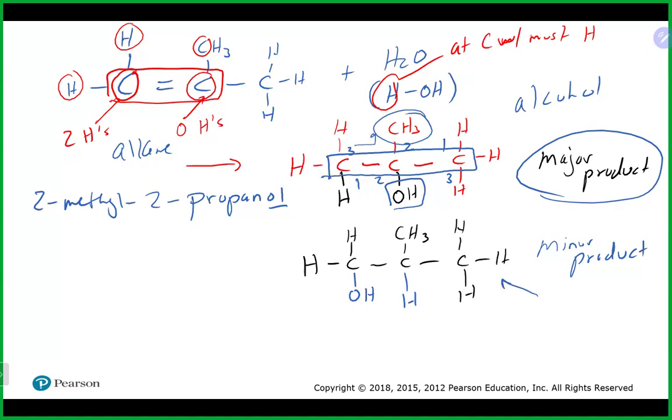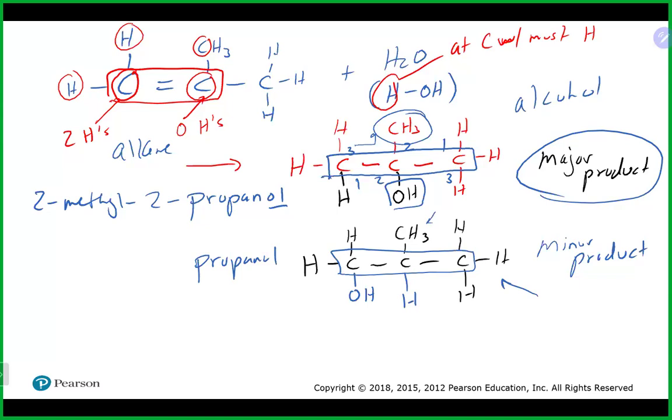Longest carbon chain is? It is still 3. And again, you could get it the same way. You could go straight across, or you could, again, kind of go upwards to that guy if you wanted to. We're going to just go straight across. So the base of this name is going to be propanol, right? Again, OL because it's an alcohol.